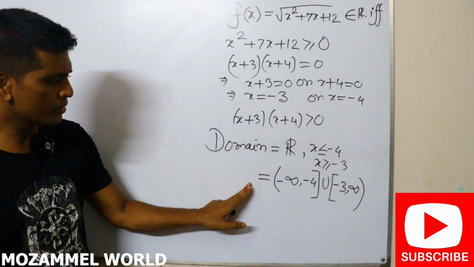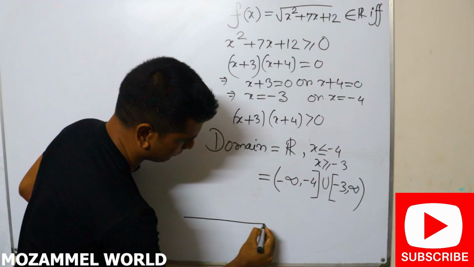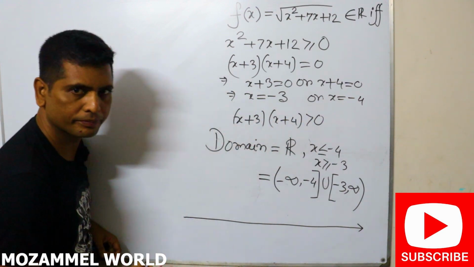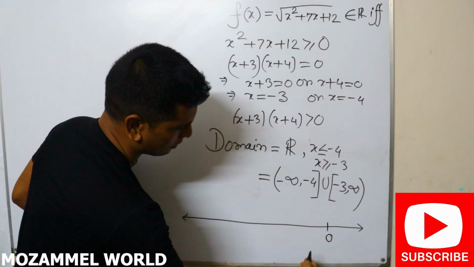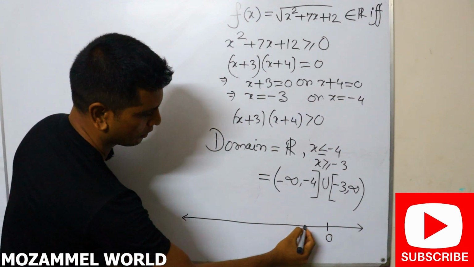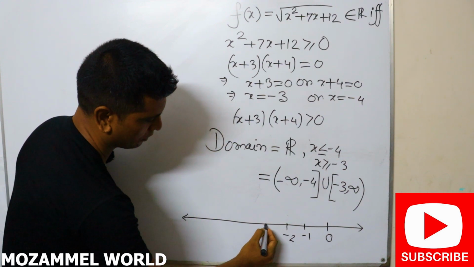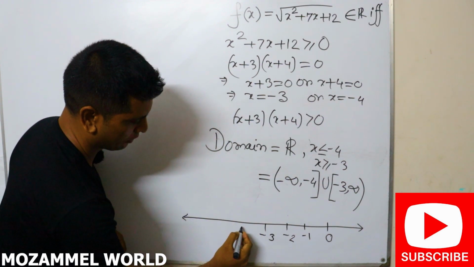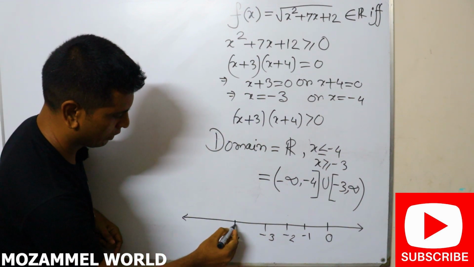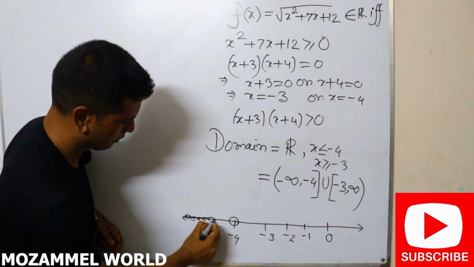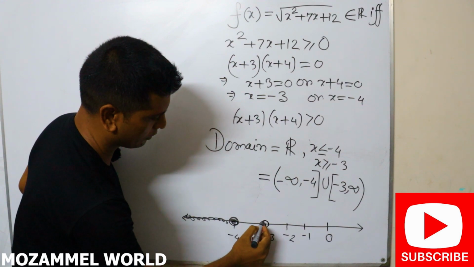Now I'm going to show this domain on a number line. Suppose this is the origin, the initial point, then minus 1, minus 2, minus 3, minus 4.